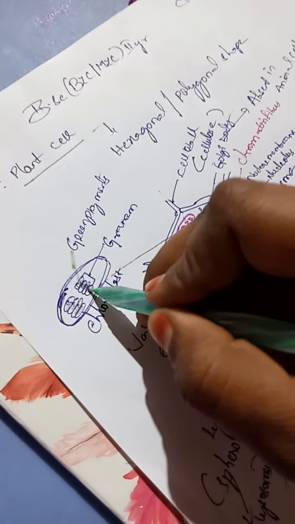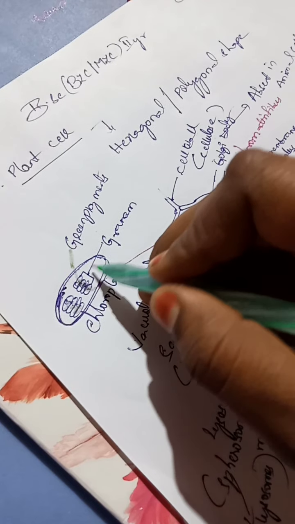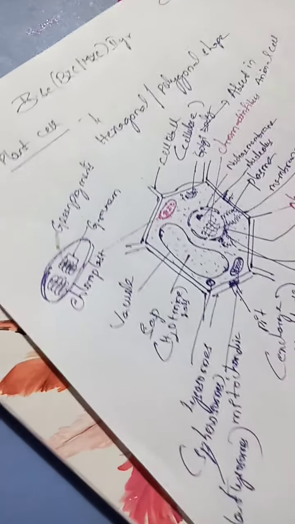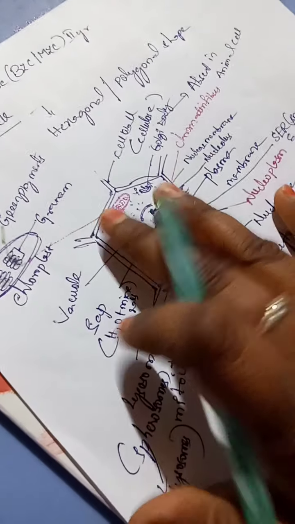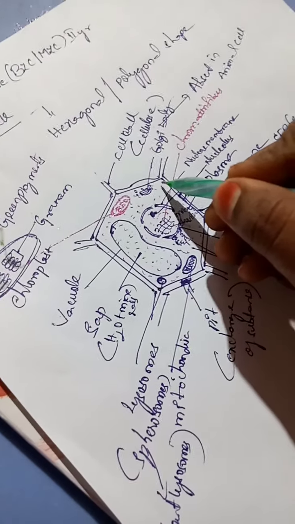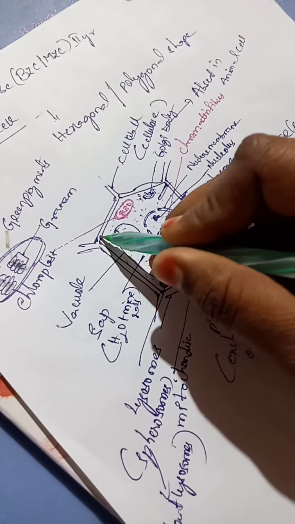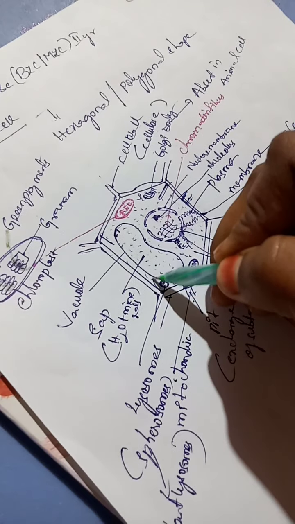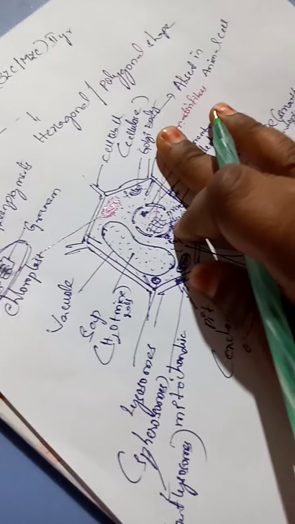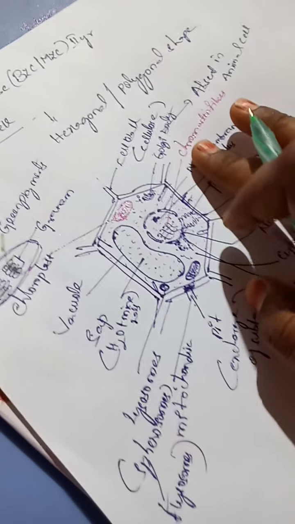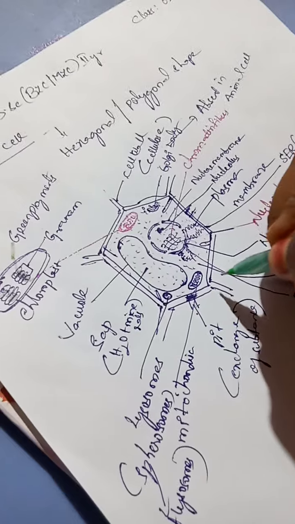These thylakoids are filled with the green pigments, which is called granum, which gives green color to the leaves. Next, what we have missed here, we can also discuss the cytoskeletal structures, which are also present, same as in animal cell, which give framework to the cell. So this is about the plant cell.